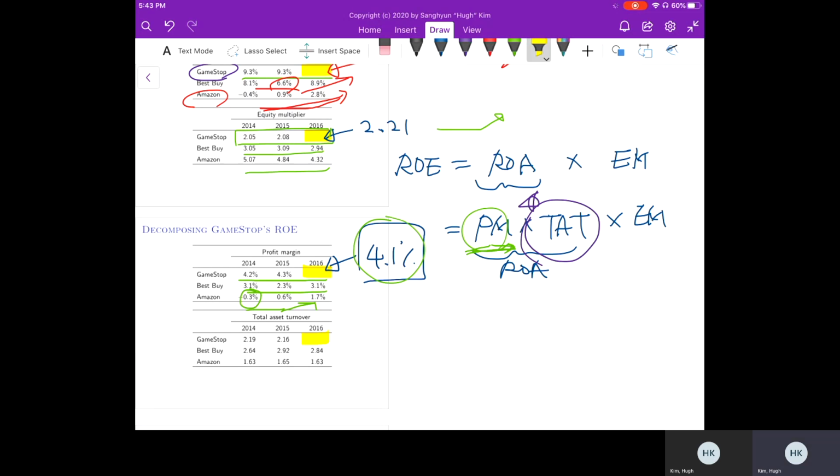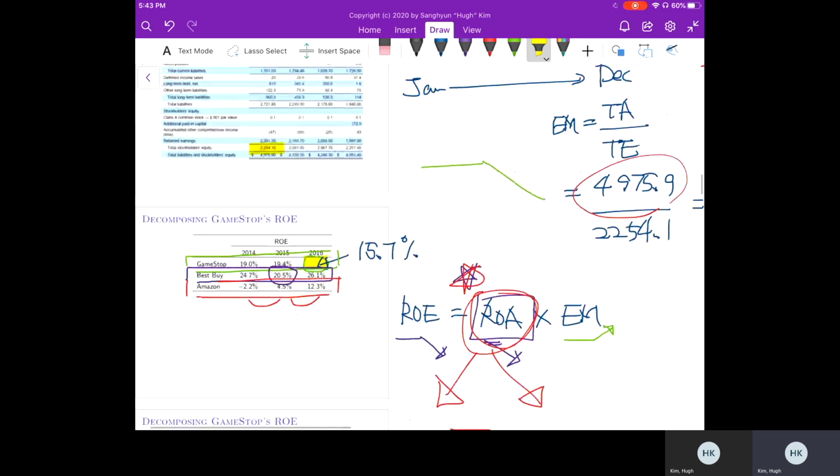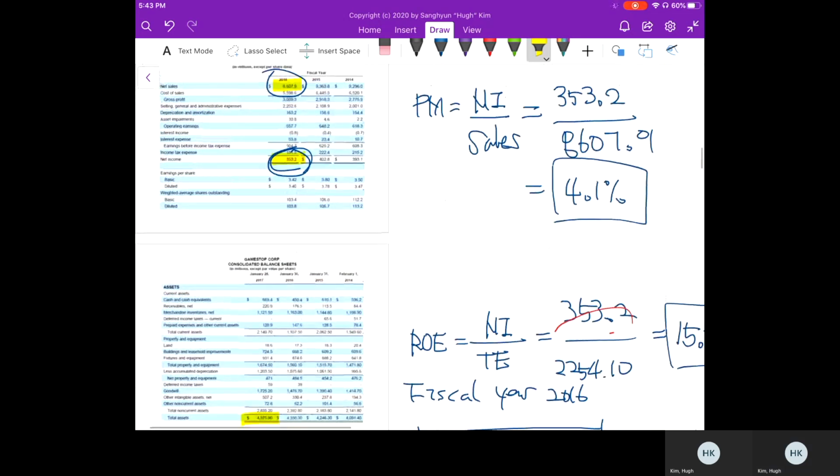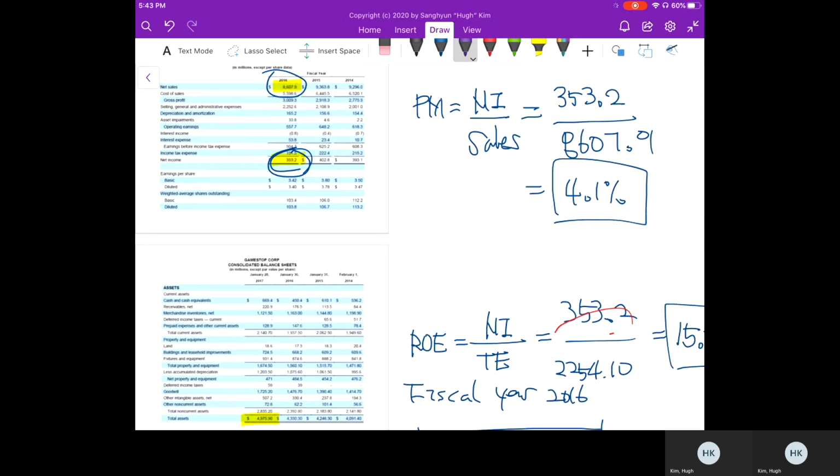Let's see if that's really true. So total asset turnover is sales over total assets. Sales is here, 8607.9, over total assets, 4975.9.